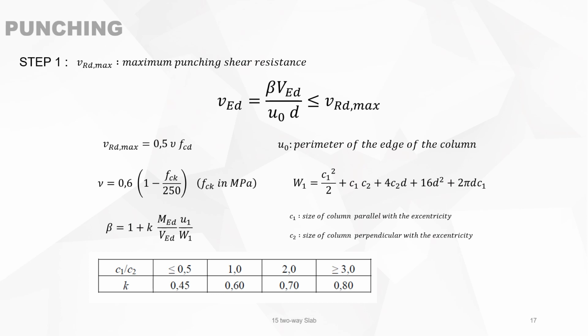The factor K depends on the proportion C1 to C2, and a linear interpolation is possible. FCD is alpha cc times FCK divided by gamma c, but for punching, alpha cc is 1.